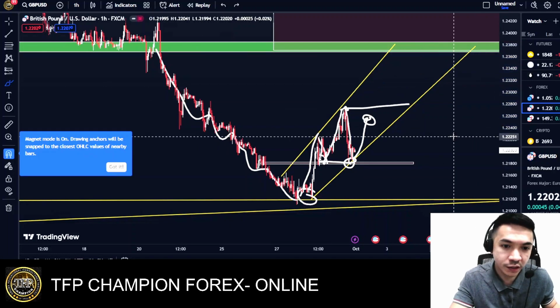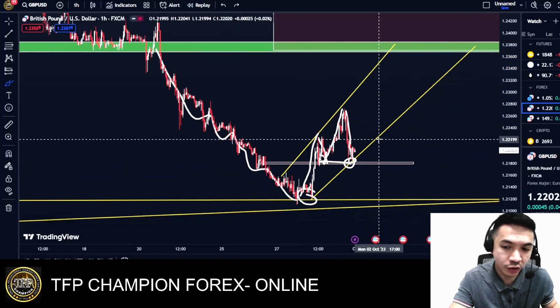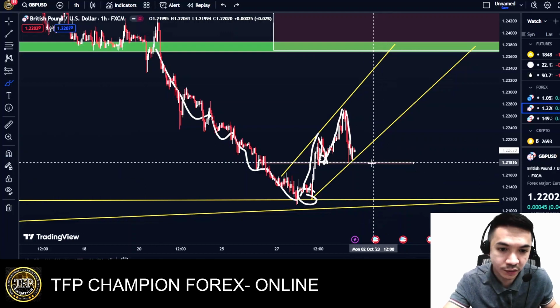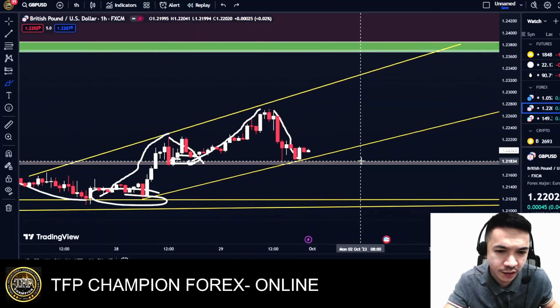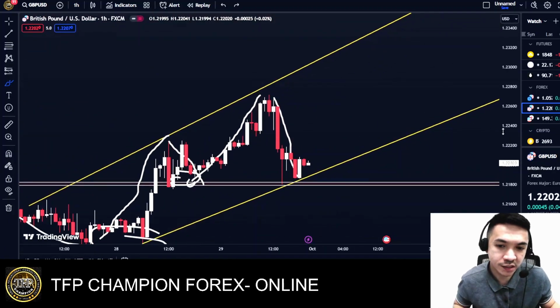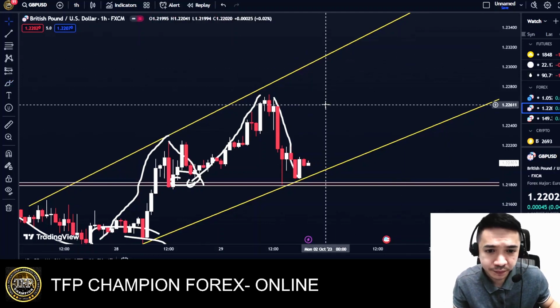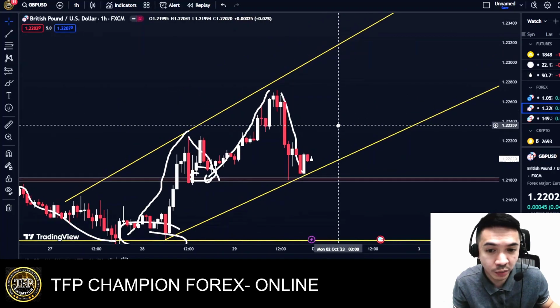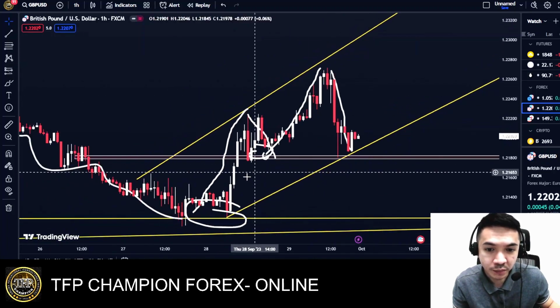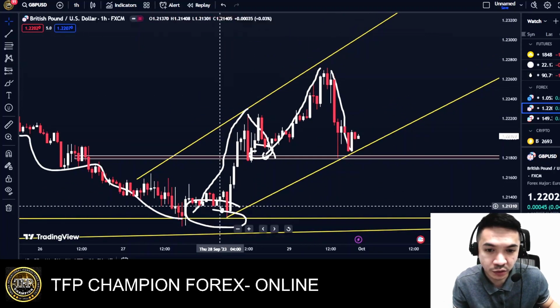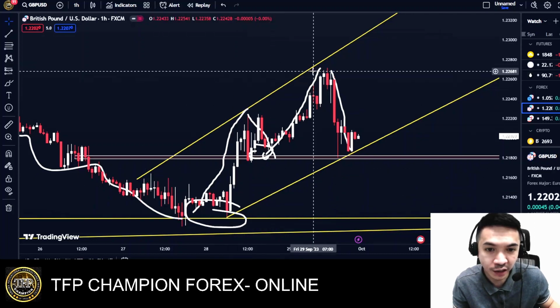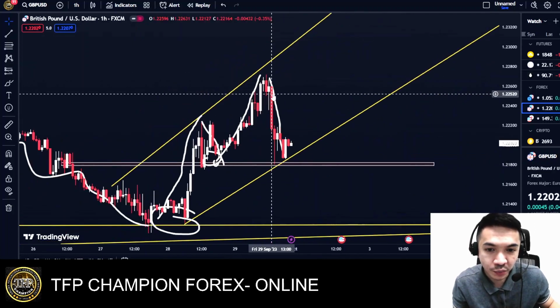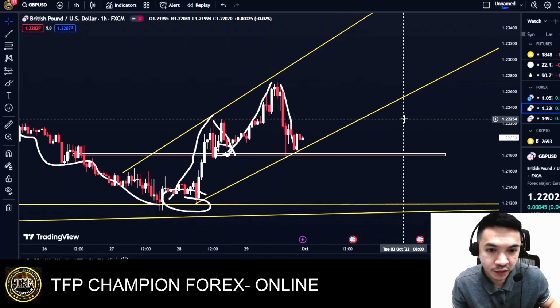So, paano pwede natin gawin dito? Now it all boils down to analyzing your candlesticks. Ano ba yung pinoprovide na signs or clues na makakatulong na kung ikaw ba ibibili or not. Tandaan mo, the market now based on market structure is low, higher high, higher low, higher high, same level. What does this imply?